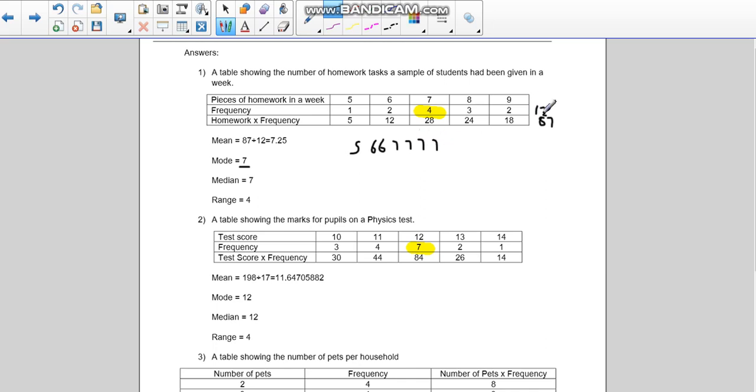Now in total there were 12 students, so I'm looking for the 6th and 7th student. So I've got 1, 2, 3, 4, 5, 6, 7. The 6th and 7th numbers are both 7, so the median is 7. And then the range is the highest number of homeworks, take away the lowest number of homeworks, which is 4.